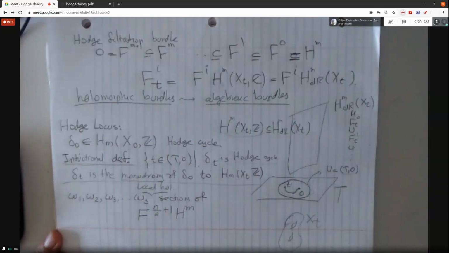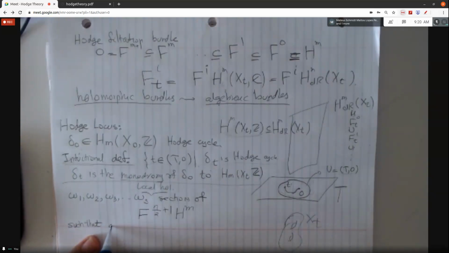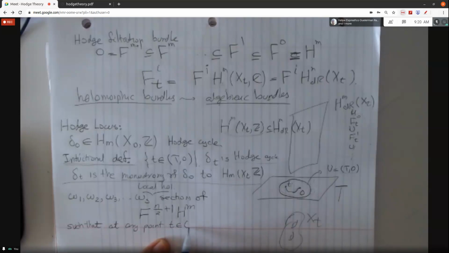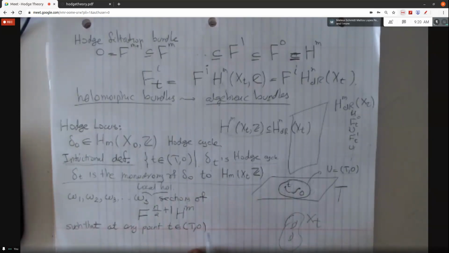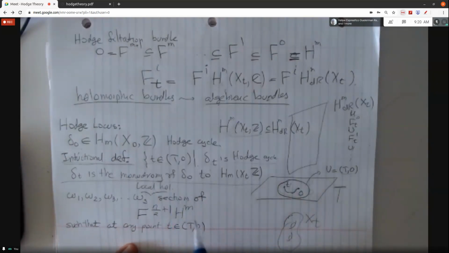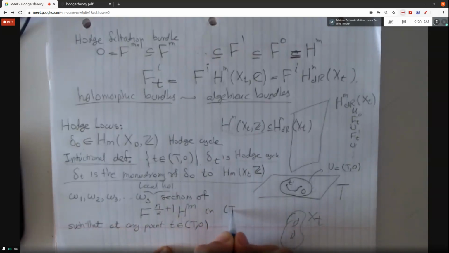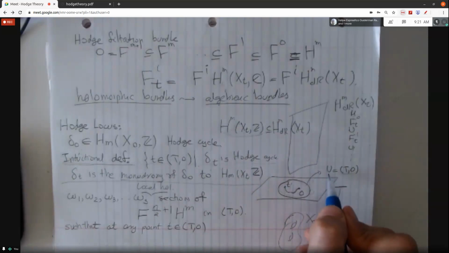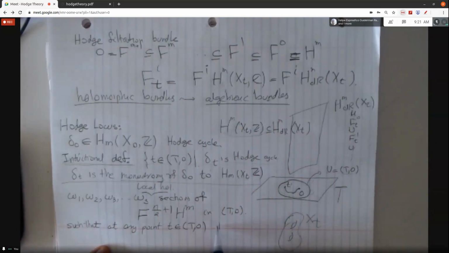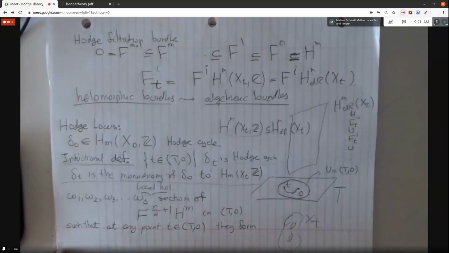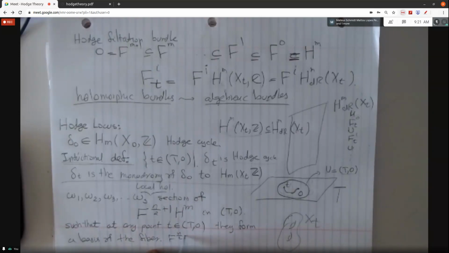Local holomorphic sections such that at any point t in a small neighborhood of 0, which I also called U, they form a basis of the fiber F^{n/2+1} H^m.